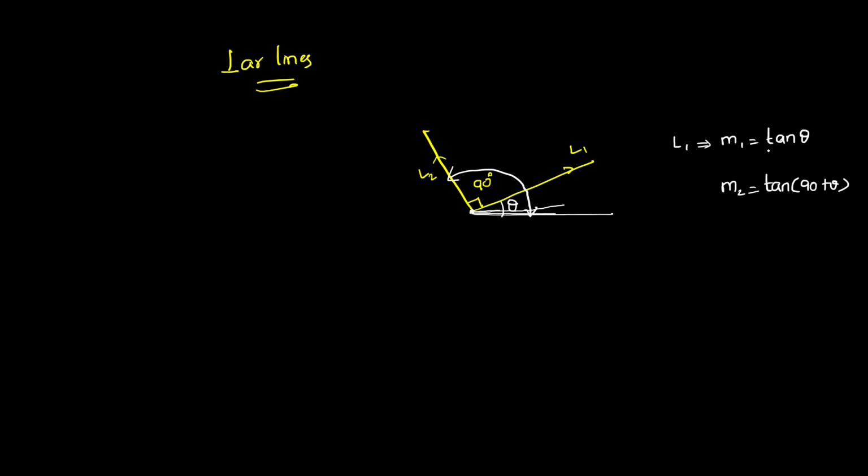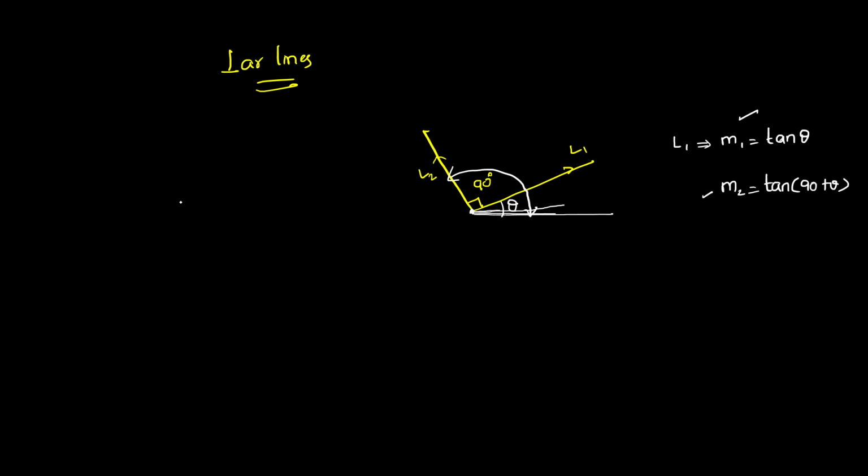Here the line L1 is making an angle theta with respect to horizontal, and the line L2 is making an angle of 90 plus theta with respect to horizontal. So m1 is tan theta and m2 is tan (90 plus theta).